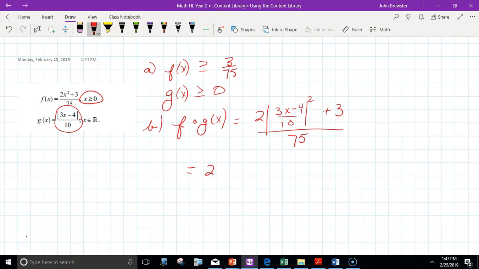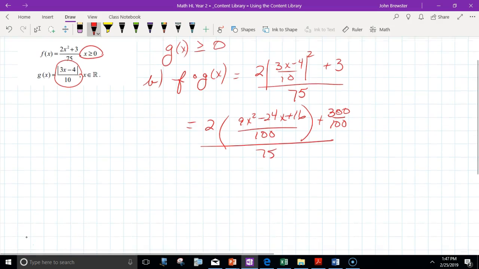So 2 out front, I'm going to square the numerator and get 9x squared minus 24x plus 16 all over 100 after I square it, plus 3. And then what I'm going to do is get a common denominator of 100, so I'm going to change 3 to 300 over 100. And that's all over 75. So the rest of this is just clean up.